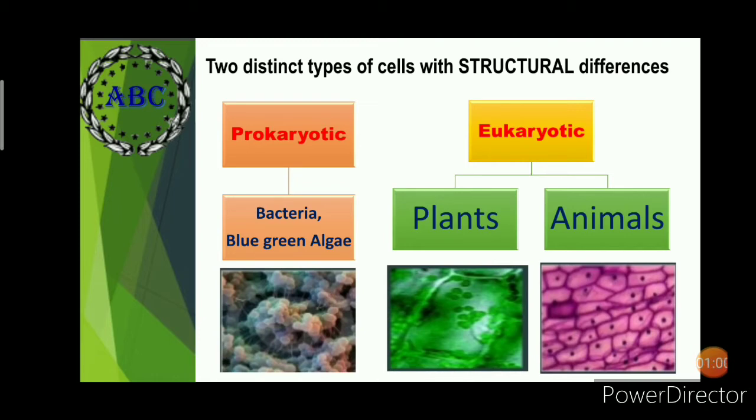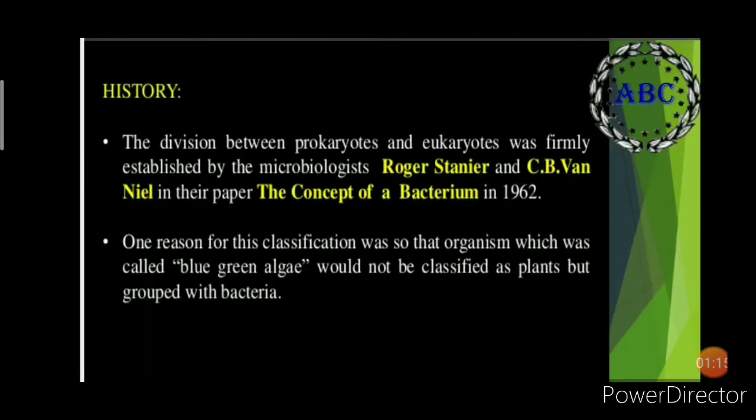All living organisms are made up of cells, and these cells may be of prokaryotic type or eukaryotic type. The division between prokaryotes and eukaryotes was firmly established by the microbiologists Roger Stanier and C.B. van Niel in their paper The Concept of a Bacterium in 1962.